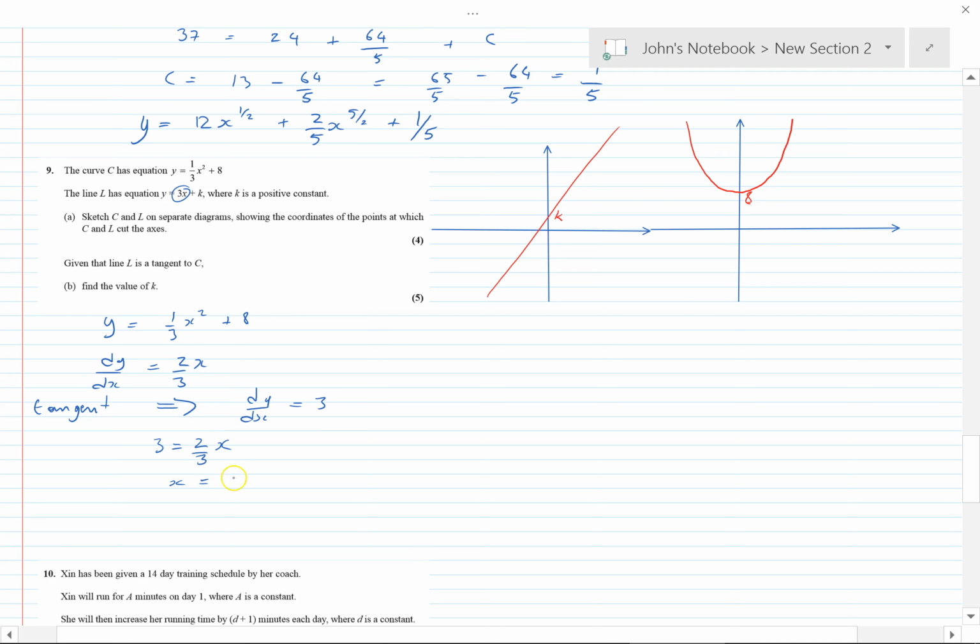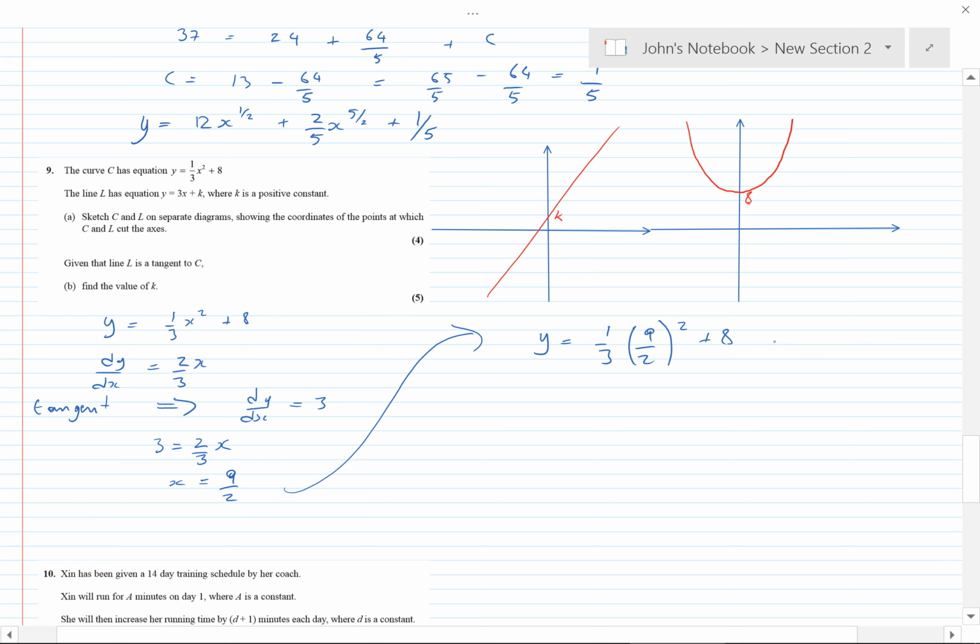So x is equal to 9/2 or 4.5. We can then work out the y coordinate because we're going to need both of them, and then therefore work out k. So we'll have y equals 1/3 of 9/2 squared plus 8.